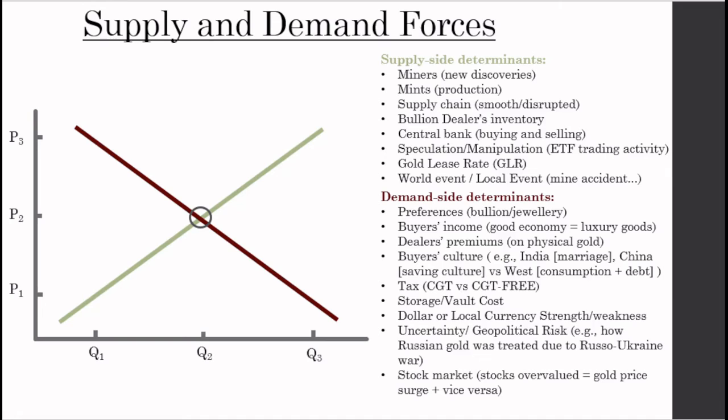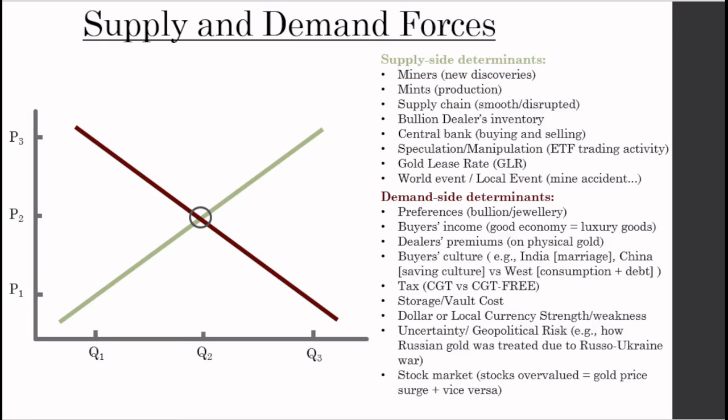There we go. Dealers premiums on physical gold. Basically the way it works is if the dealers premiums are high, then demand will decrease and the price will drop. And if dealers premiums are very low, demand will be higher and the price will increase over time.